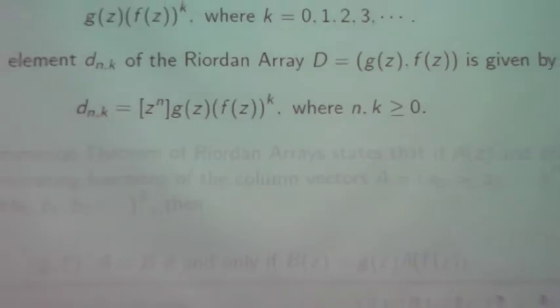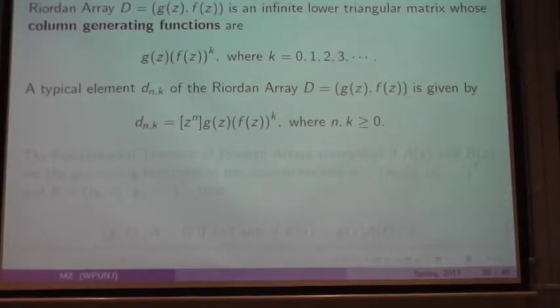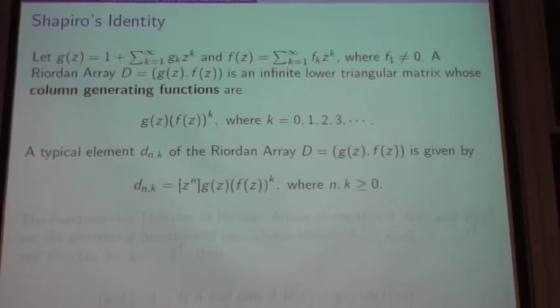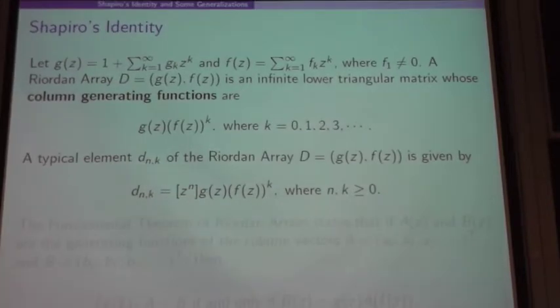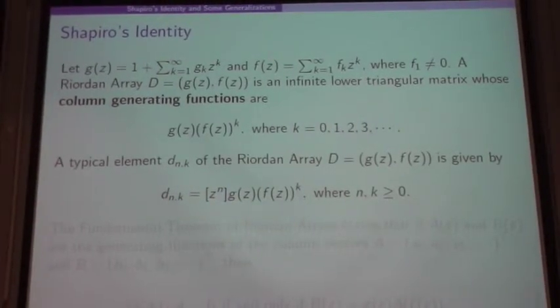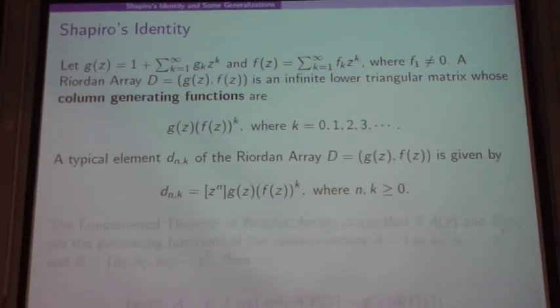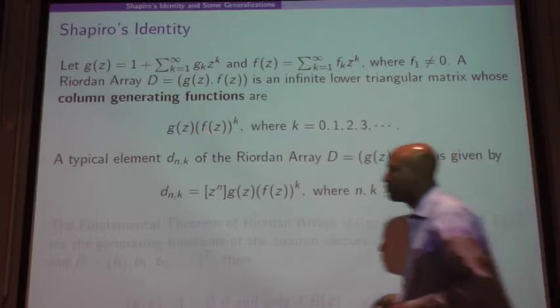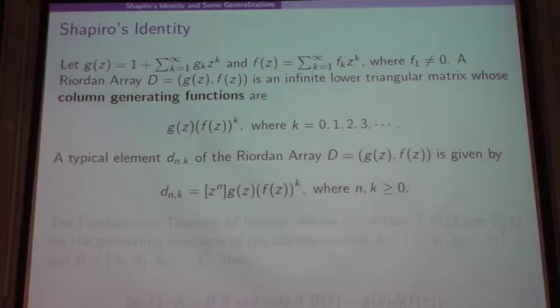So, quickly to Shapiro's identity. In my last talk, I described reordered arrays, and reordered arrays are defined based on 2 generating functions. You take generating functions G and F, and if you take the column generating functions for your infinite lower triangular matrix to be of this form, pretty much what I'm saying is you form an infinite lower triangular matrix of this form.